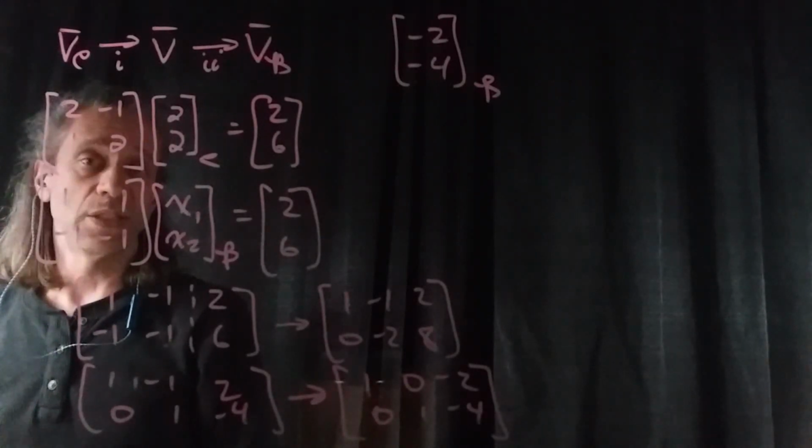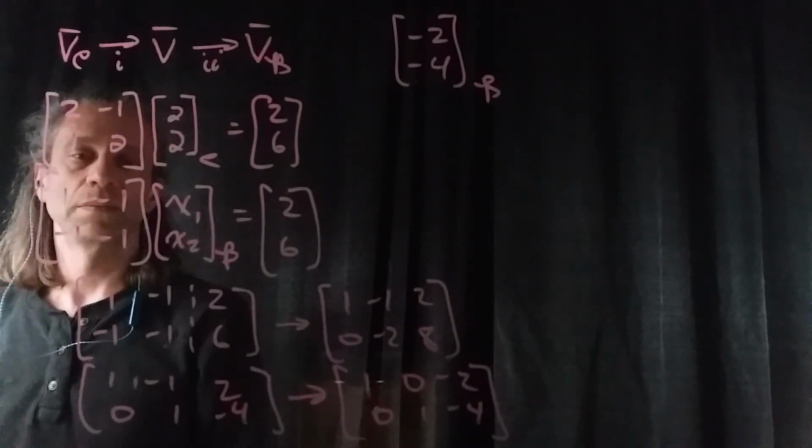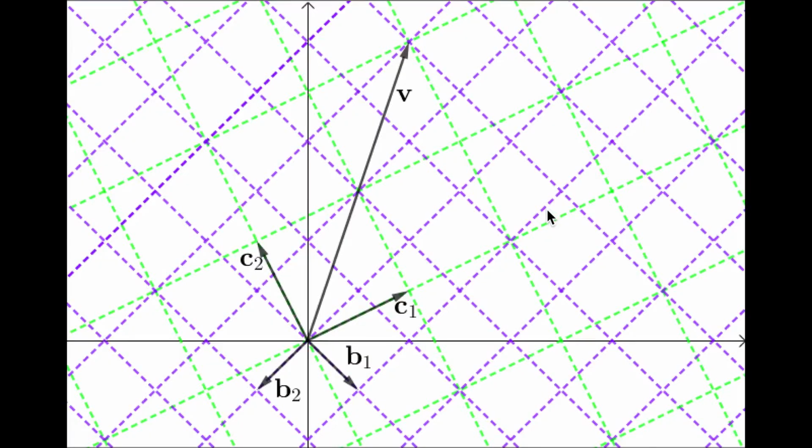We can also see this geometrically. So here's the geometric explanation. What you're seeing here are the two grids, one with respect to basis B and one with respect to basis C. Can you tell which color, the green or the purple, is the grid with respect to basis C?